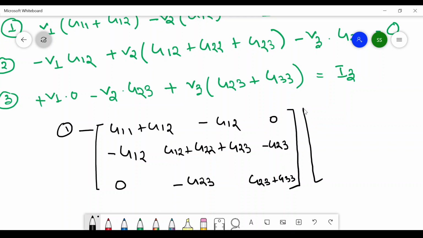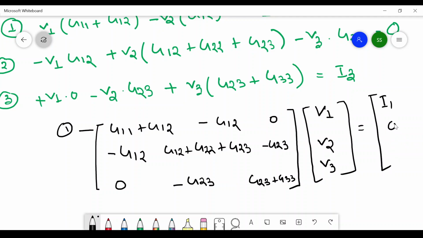And here it is node 1 voltage, node 2 voltage, node 3 voltage, and here the current pushed into node 1, current pushed into node 2, and current pushed into node 3.